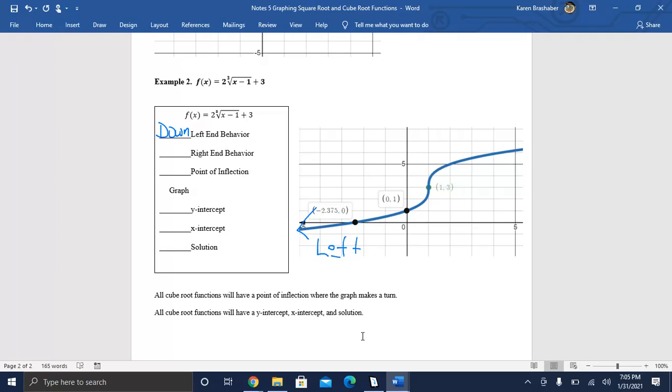On the right-hand side, you can see that the graph is moving up. So for the right-hand behavior, the graph is up. And then this point of inflection, which is showing to you here on the screen, and again is the ordered pair 1, 3.